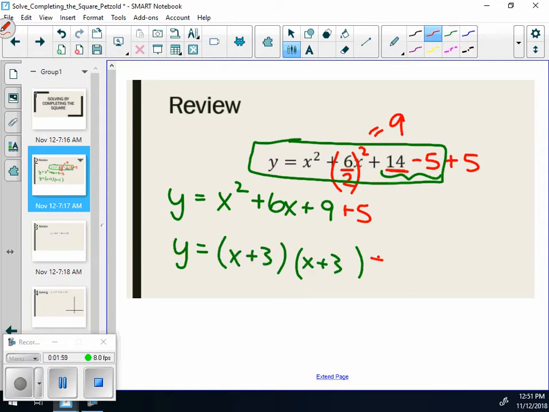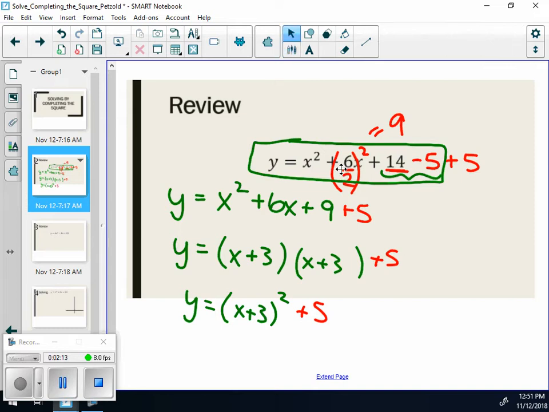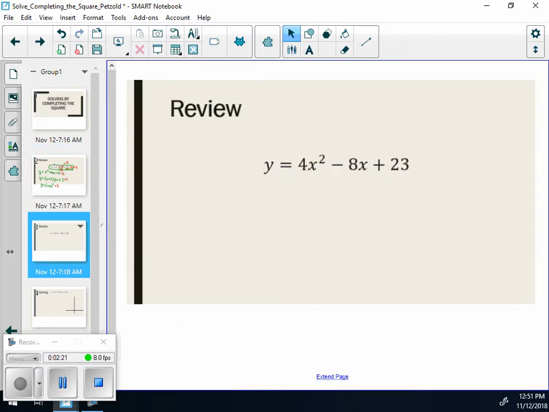And then we've still got our 5 hanging out over here. All right, and then from here, we just have to combine our x plus 3 term to be x plus 3 squared. We've still got our plus 5. And our equation is now in vertex form. Awesome. All right, let's do one more.